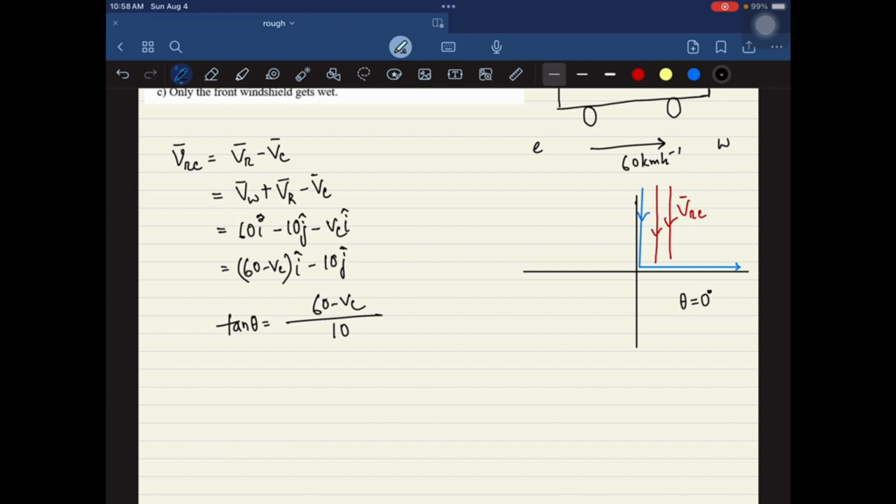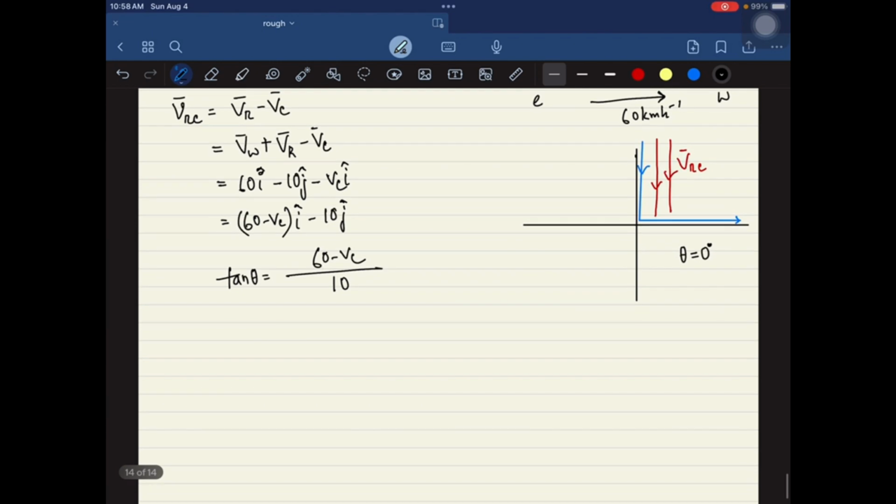For this one, tan theta should be 0, and VC should be 60. This is the answer of A. This whole value should be 0.